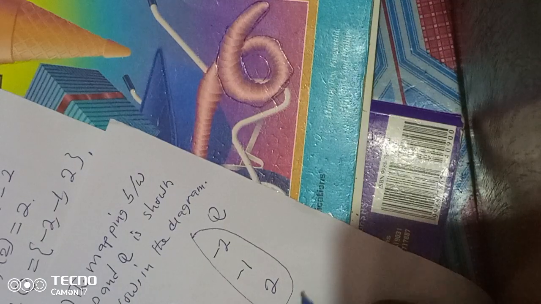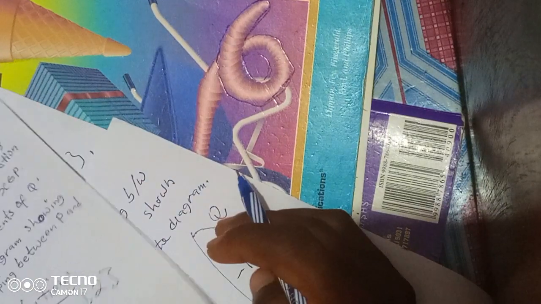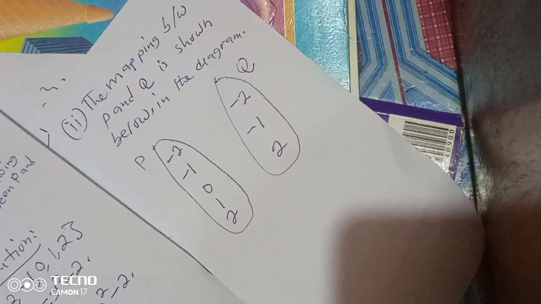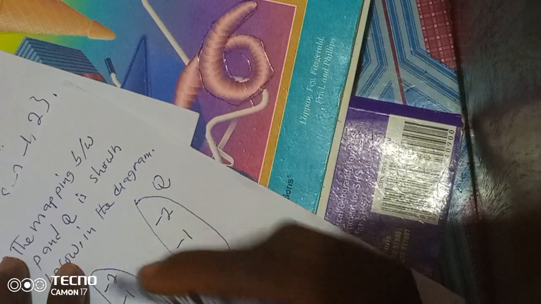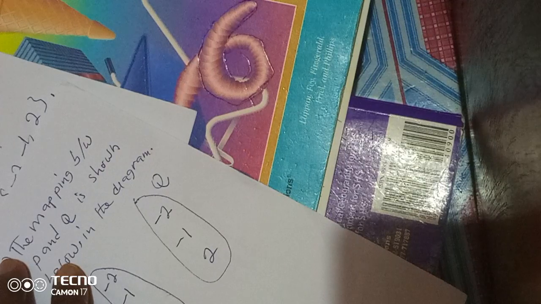So when x was -2, what becomes of this? This will become 2, right?